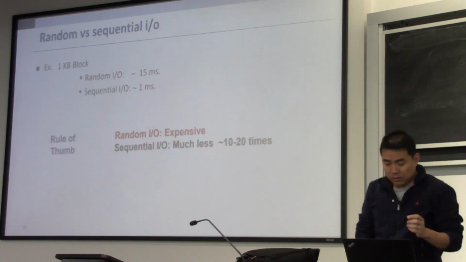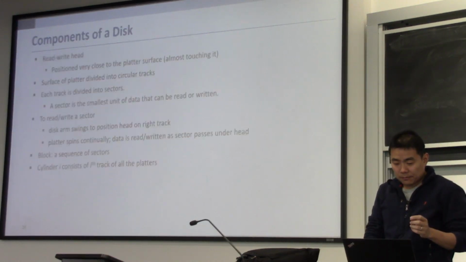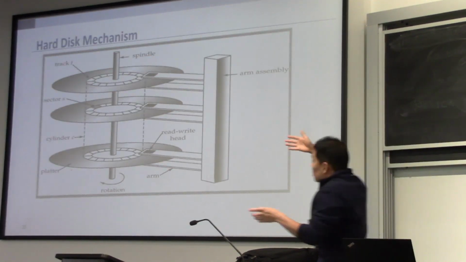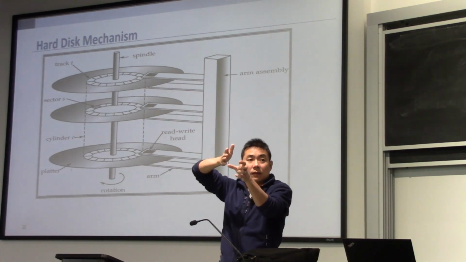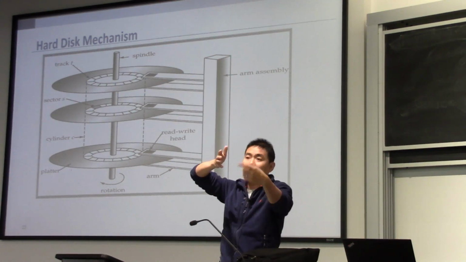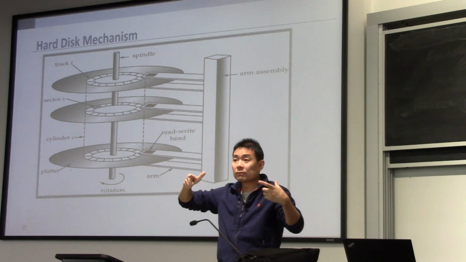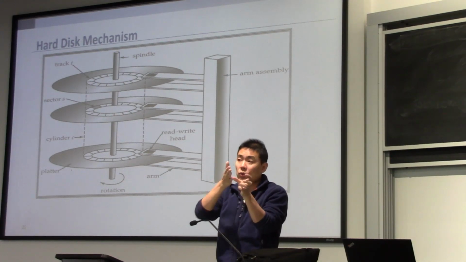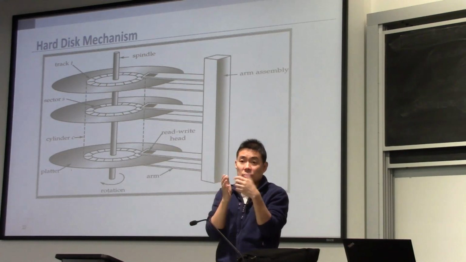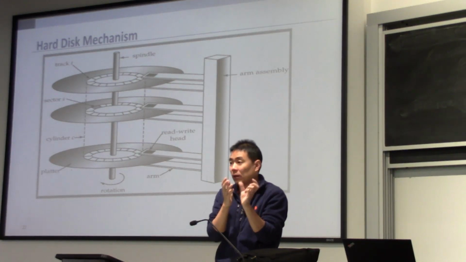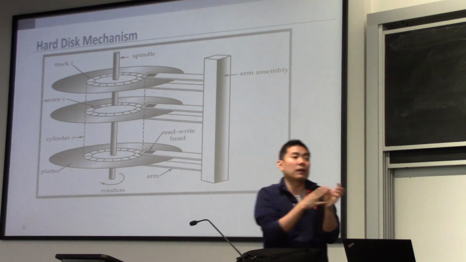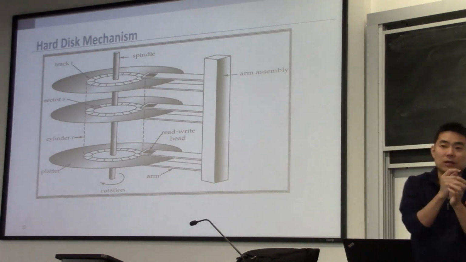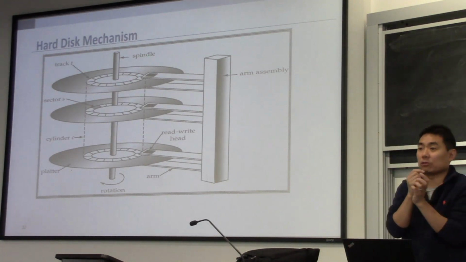So what happens is, you basically imagine that you move your arm to a particular track. Then what you try to read will be pages after pages after pages from that track, meaning that you no longer need to move the arm in and out anymore. You just wait for the rotation to happen automatically. Of course, you may wonder what happens if I reach the end of that track, having finished reading all the pages from that track.